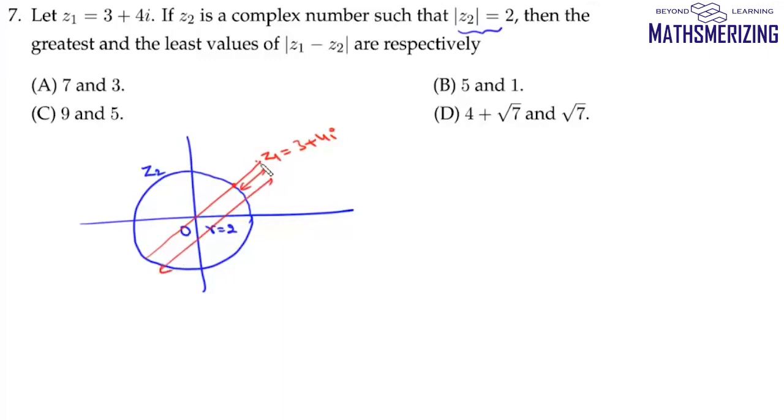Now first we'll find this distance from center of the circle. Now this distance is mod of z1 and mod of z1 is 5. This is 5 and radius is 2. So the minimum distance is 3 units and the maximum distance is 7. So greatest and least value are 7 and 3 and that's your option A.